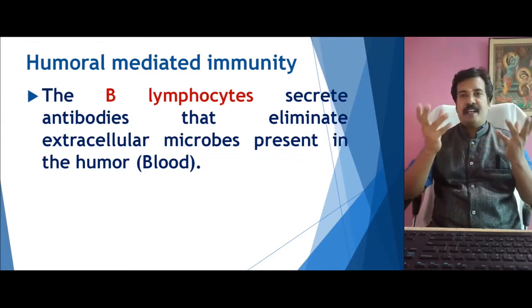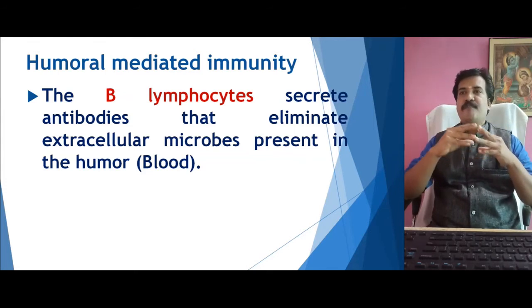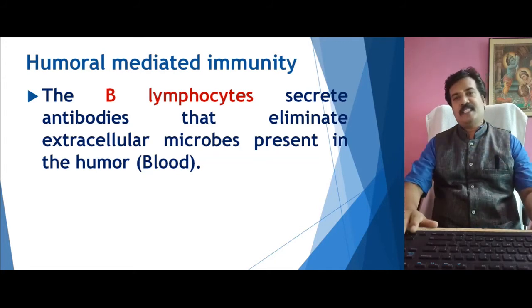Blood in Latin we call humor. If the foreign substance is present in the humor, that is the blood, our B lymphocytes will produce antibodies. These antibodies will effectively eliminate the foreign substance in the blood. So it is called humoral mediated immunity.